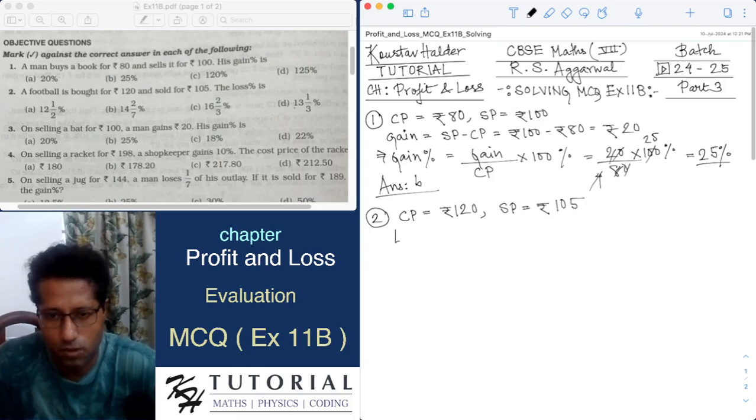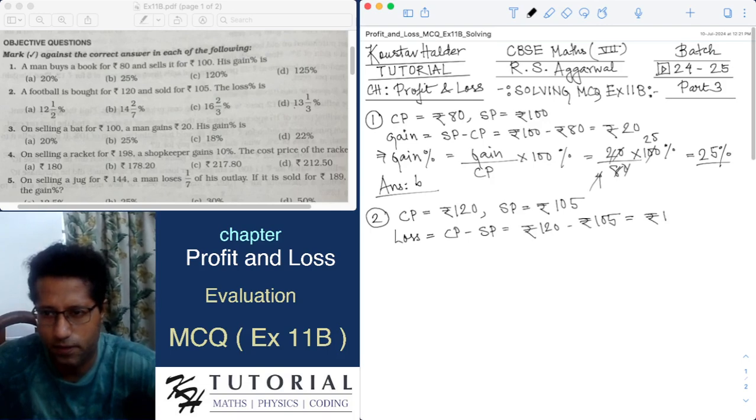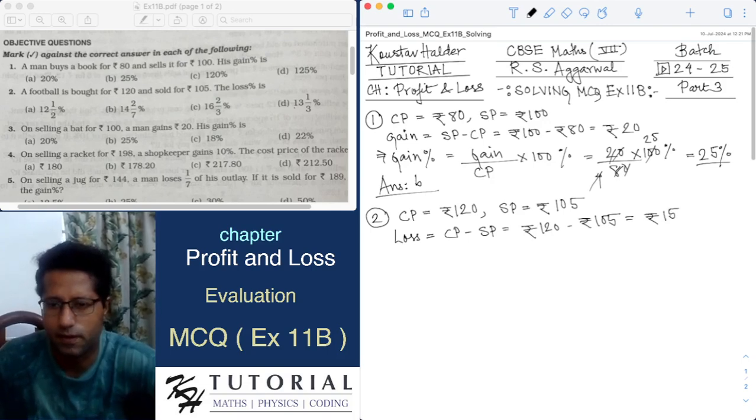Therefore loss is cost price minus selling price. This is rupees 120 minus rupees 105. This is rupees 15.